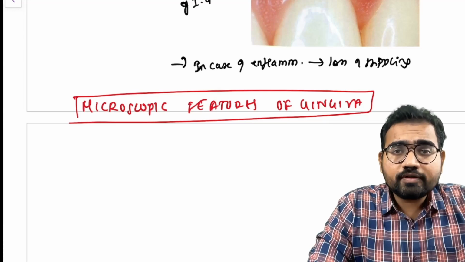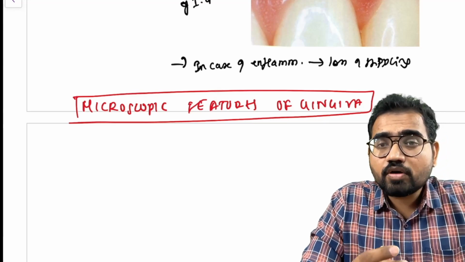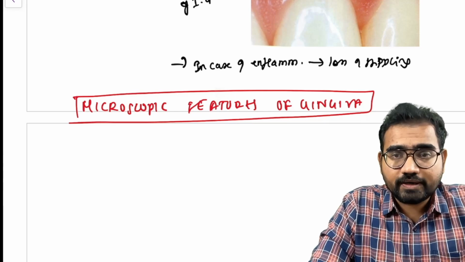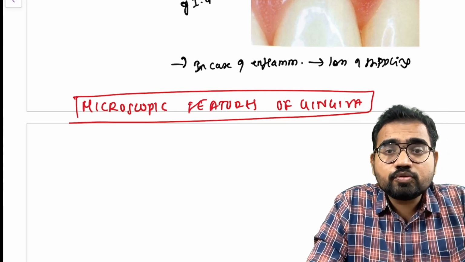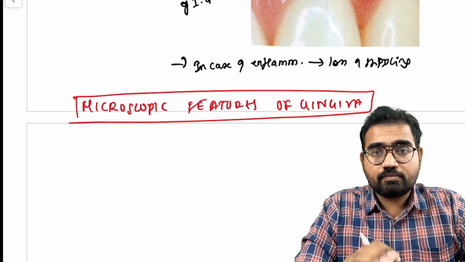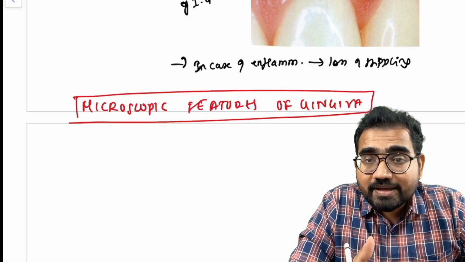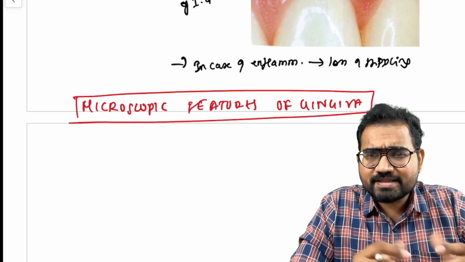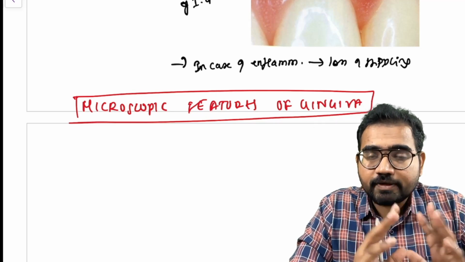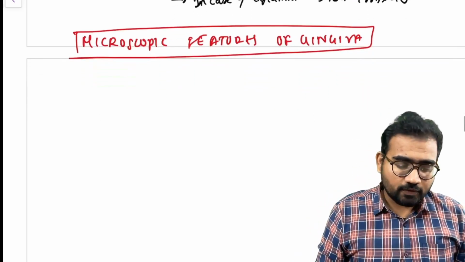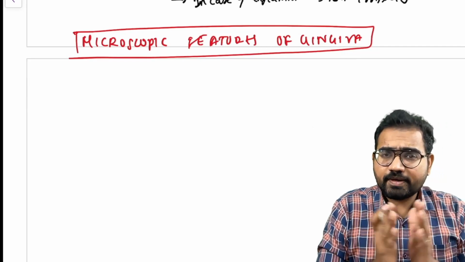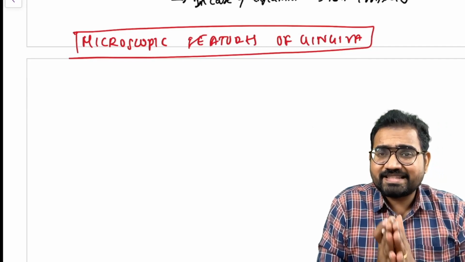And now whatever I'm going to tell you, you cannot see through your naked eye. Which means I have to see it in a microscope, and then only I can visualize the structure. As the name implies, microscopic features. Now the first microscopic feature you're going to see is the epithelium.